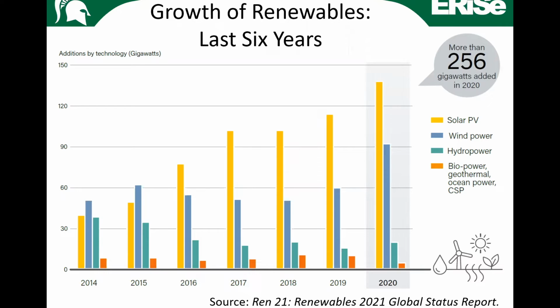And what you'll notice is that 6 years ago from now, that is about 2016, solar overtook wind. Before that, wind was the dominant renewable resource. But in 2016, solar overtook wind, and solar has its own characteristics, and we'll talk a little bit about wind and solar characteristics.